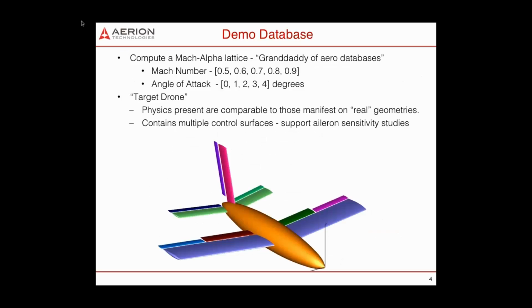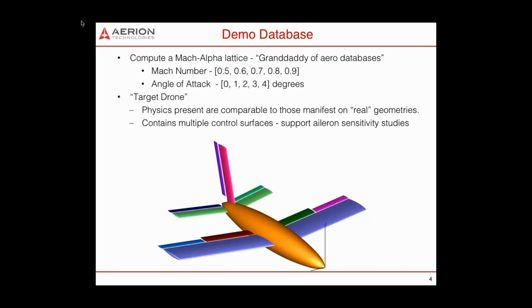I wanted to talk a little bit about the demo that we're going to be showing a little later, just to introduce the concept of what the geometry was and the experiment that we're going to run that will comprise the database. Specifically, we're going to compute a Mach-alpha lattice, which is what I would call the granddaddy of aero databases. It is the permutation of all the Mach numbers and angles of attack listed there. In this particular case, it would comprise a set of 25 different cases.